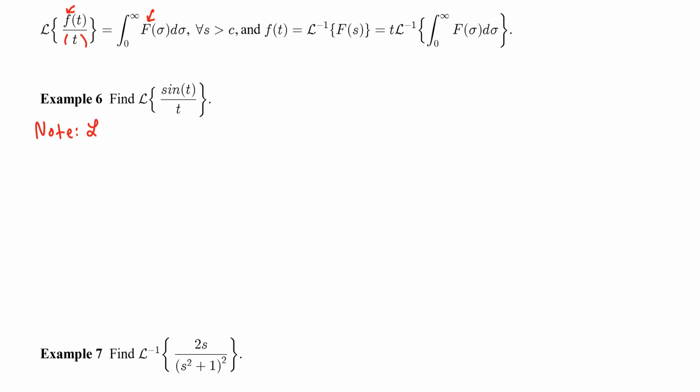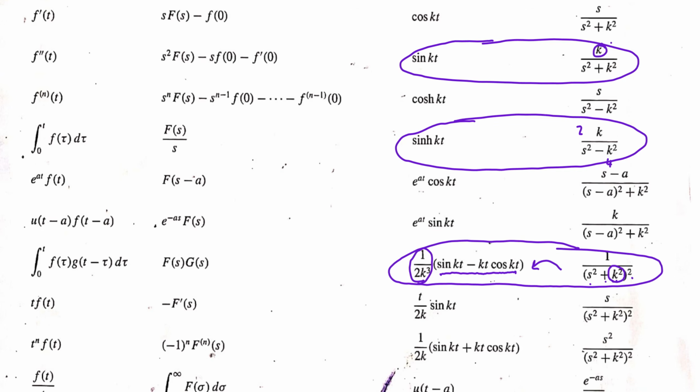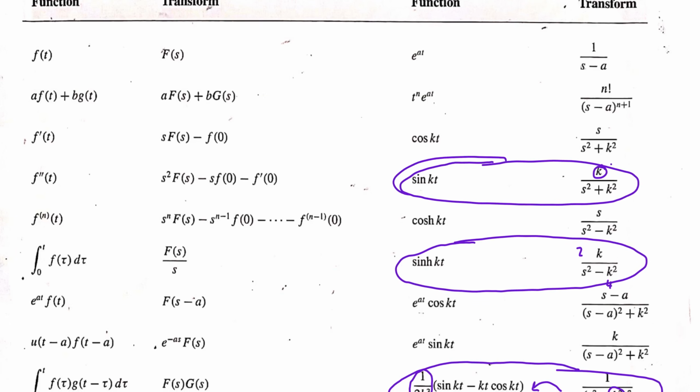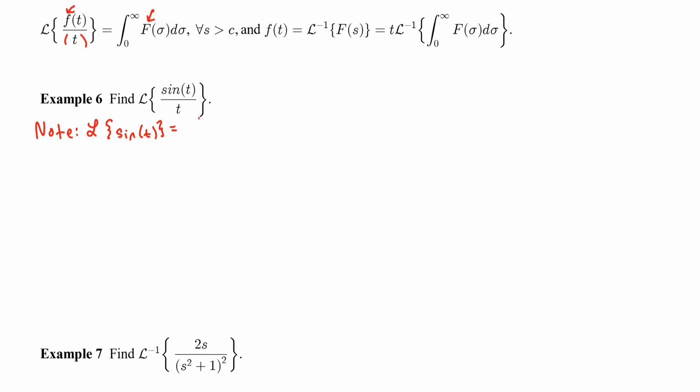I want you to note that the Laplace transform of sine of t is equal to, pop over to your Laplace transform formulas. Find the formula for sine of kt. k is going to be 1. So the Laplace transform is 1 over s squared plus 1. Okay? That is big F of s, right?